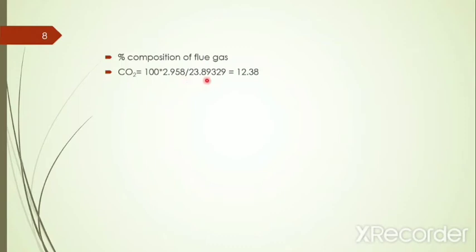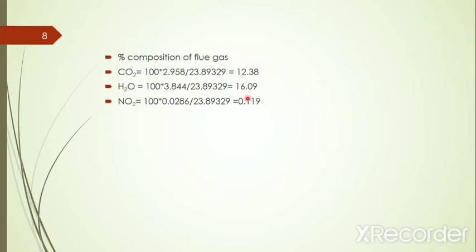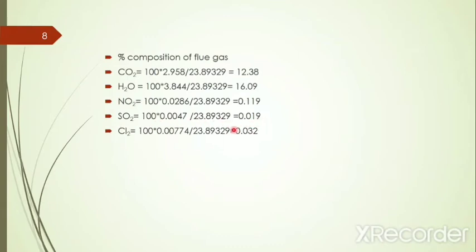CO2 2.958 divided by this total moles, 12 percentage, water again 100 into 3.844 divided by 23.89329, 16 percentage, nitrogen dioxide 100 into 0.0286 divided by total mole, 0.119 percentage, sulfur dioxide is again 0.019 percentage, chlorine is a very small quantity, 0.032 only, and nitrogen.